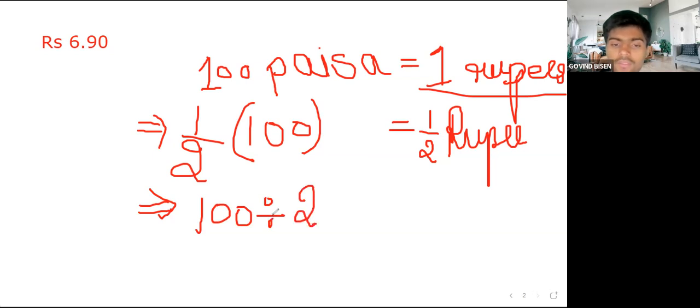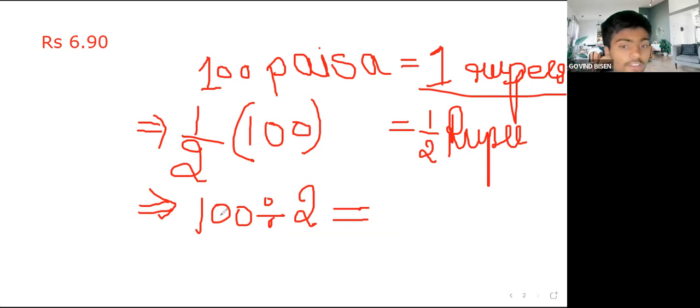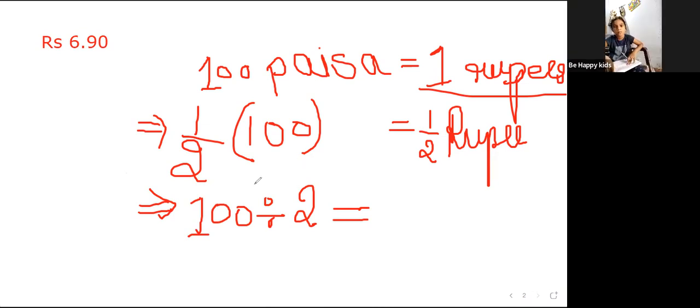So how much is the answer when we divide 100 by 2? Can you find it? Please do it.